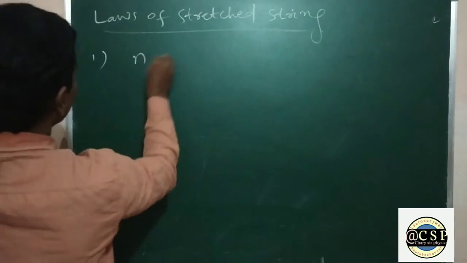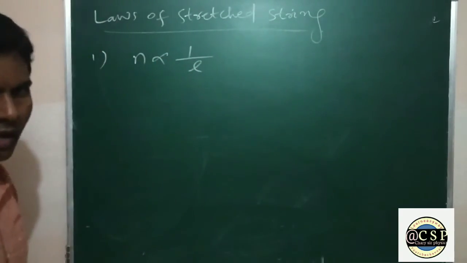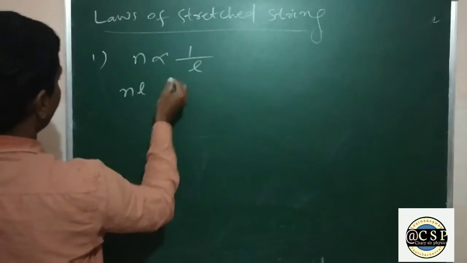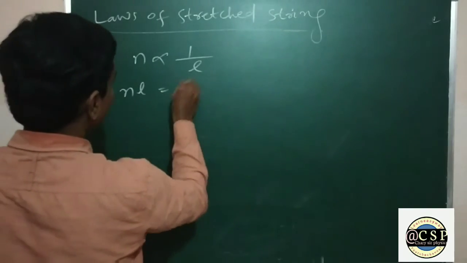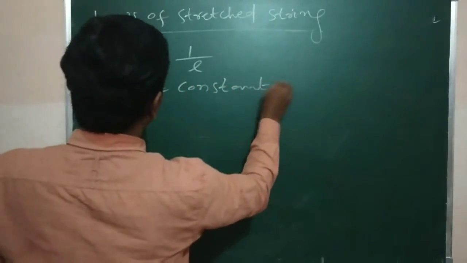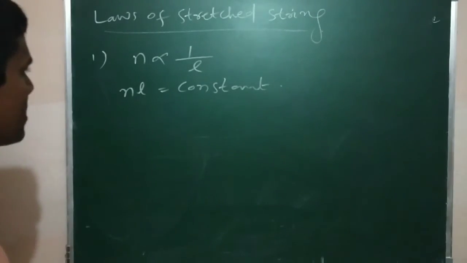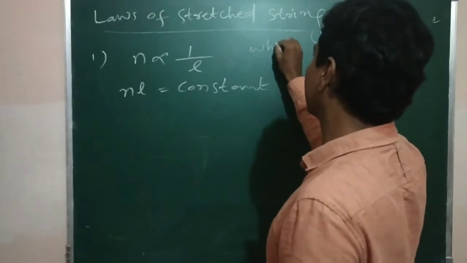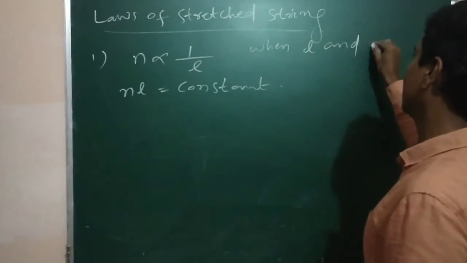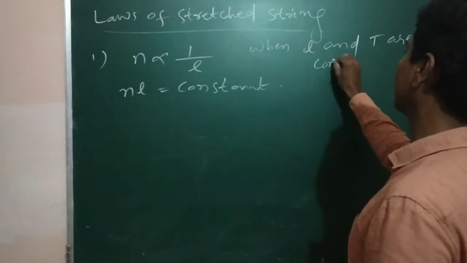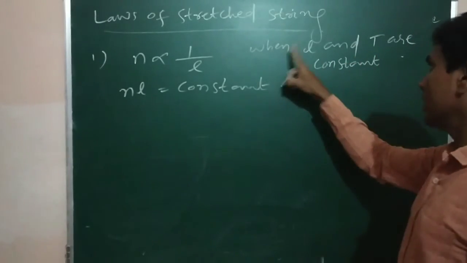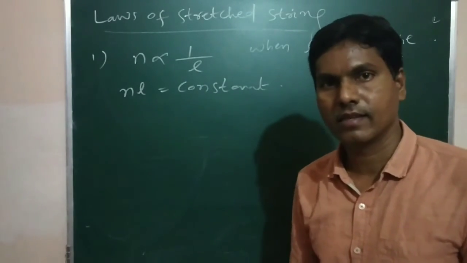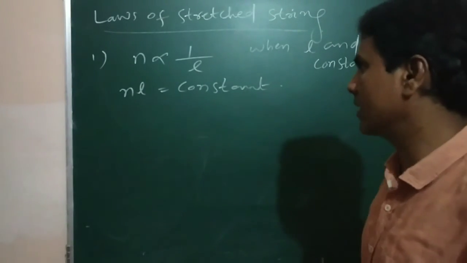The first one: the fundamental frequency is inversely proportional to L. So it can be written as nL equals constant. This holds when T and mu are constant: the fundamental frequency of the stretched string is inversely proportional to the length of the string.